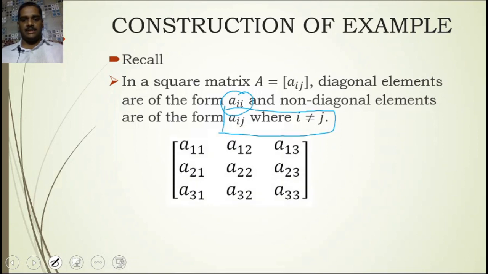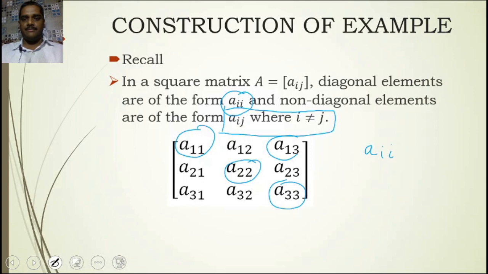So here is your 3 by 3 general matrix, and I am going to highlight the diagonal elements first. These are your diagonal elements, and you can see for these diagonal elements, the row index is the same as the column index. So we can say diagonal elements are of the form Aii.